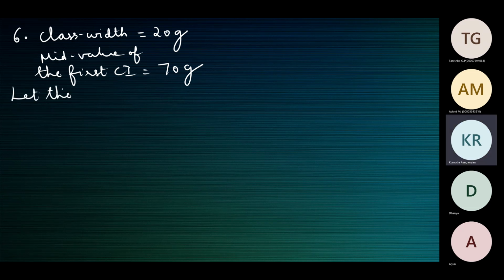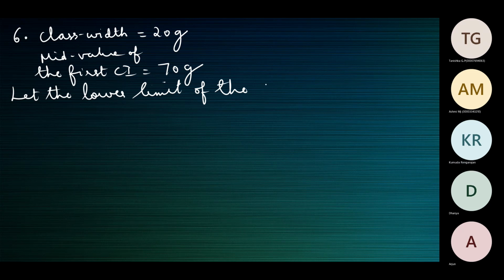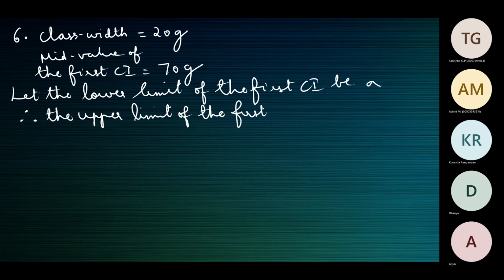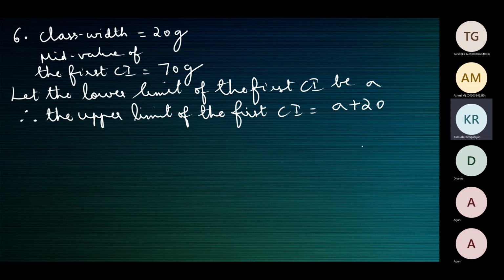Let the lower limit of the first class interval be A. Therefore, the upper limit of the first class interval will be A plus 20, because the class width is 20, no? So the upper limit will be A plus 20.